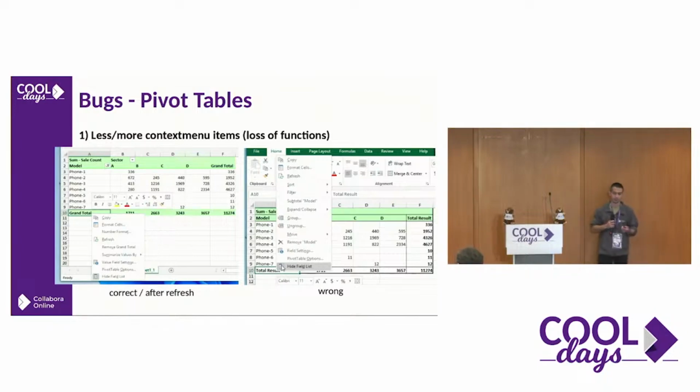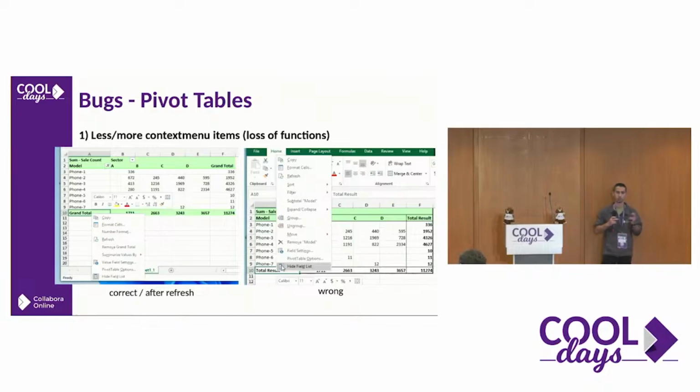You can see the refresh option in the context menu items, and when we click that, Excel goes to the source data and gets the data and updates the pivot table, so we know which document is correct and which is wrong.